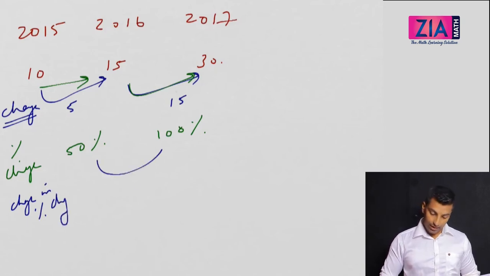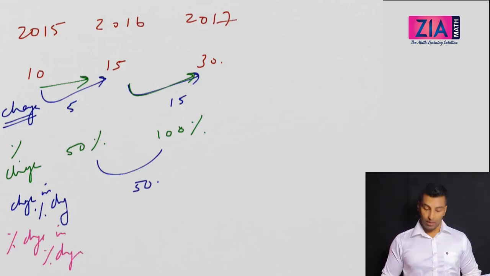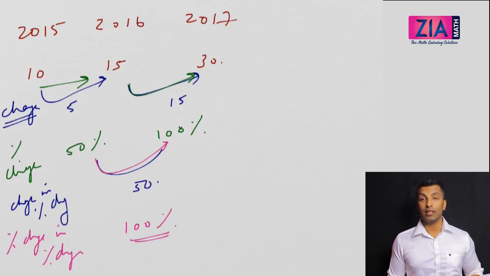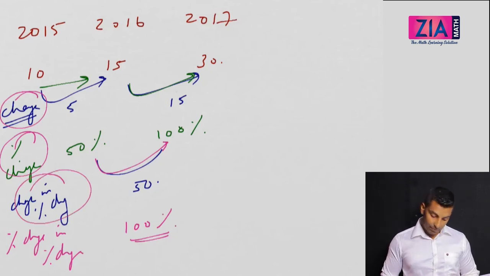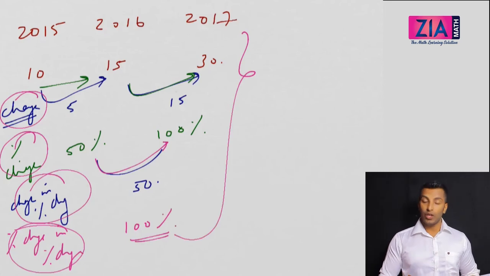So this difference, that is 50. Then the fourth is percentage change in percentage change. So 50 to 100, that means 100% change is there in percentage change in percentage change. So these are four concepts: change, percentage change, change in percentage change, percentage change in percentage change. So these are the four possible questions you can get in any data interpretation question.